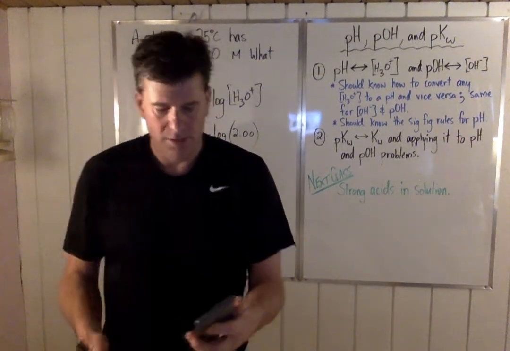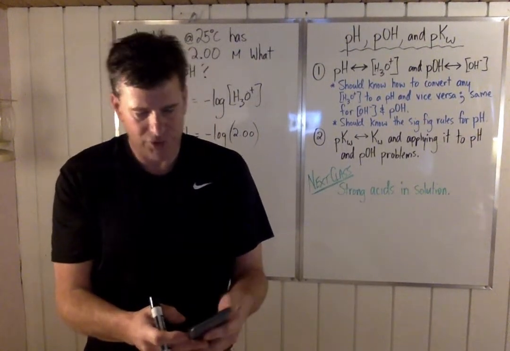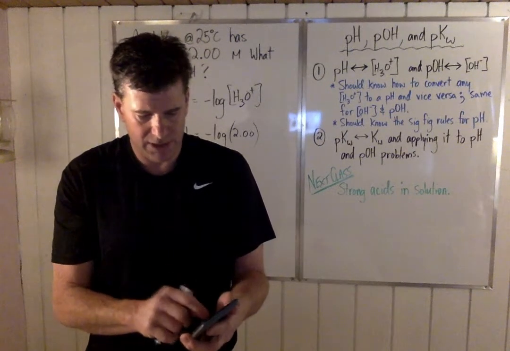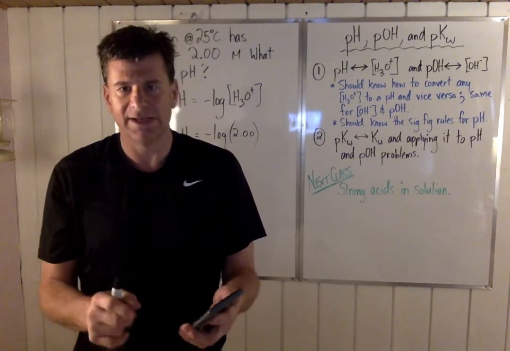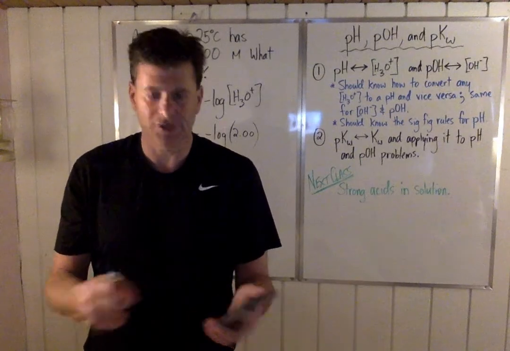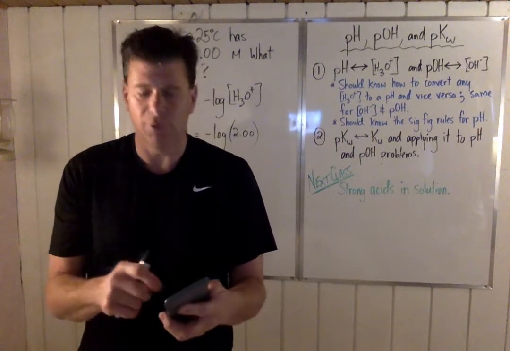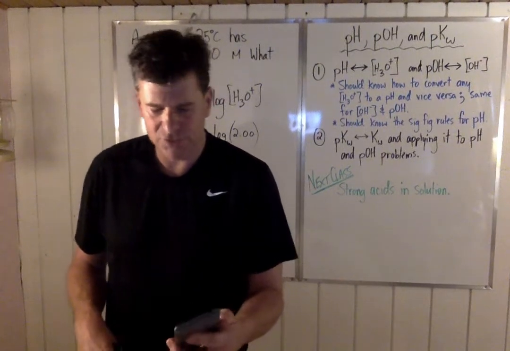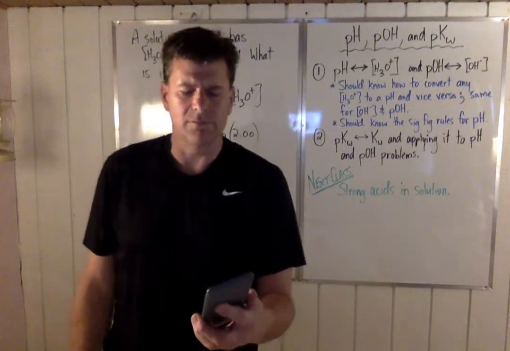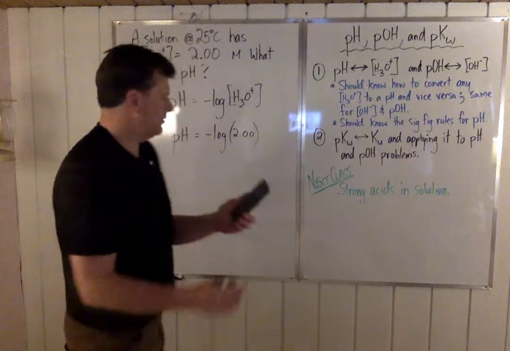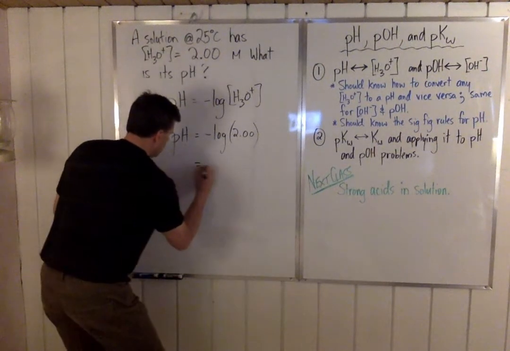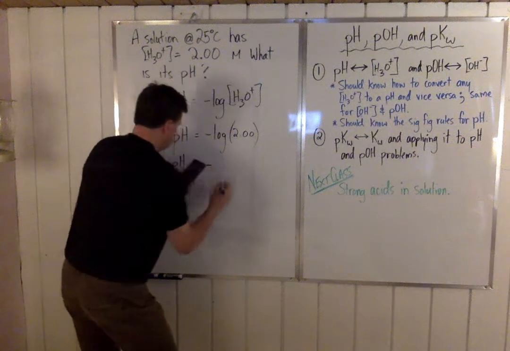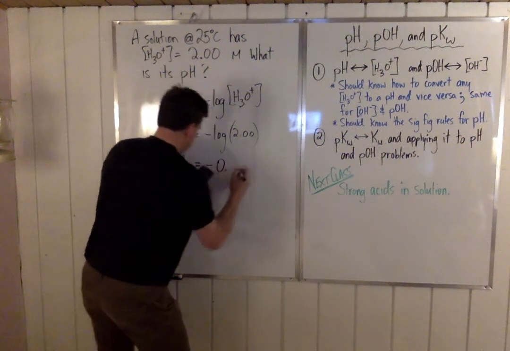So then I take the negative log of 2. I pull out my calculator. You don't really need to put in the 0, 0. You can just go log of 2. You're supposed to know the sig figs. And it comes out to, okay, that's weird. The pH is negative 0.3.